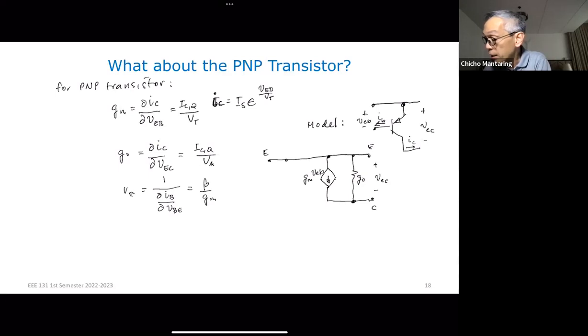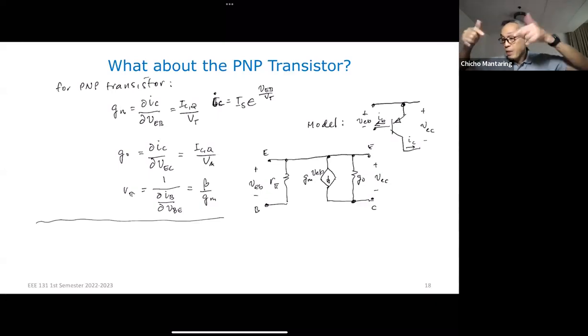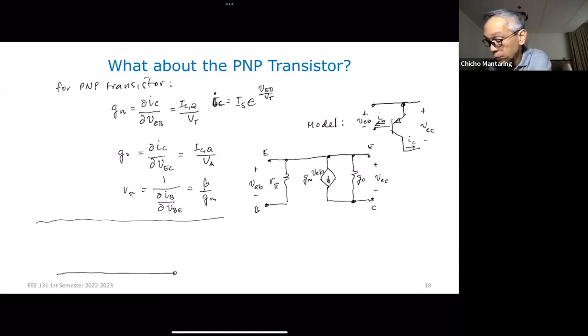And then between my emitter and my base, I'll have R pi. So this is my base. And then this is now VEB. Well, let me redraw this. If I flip ko lang, no? Let me just flip this. Okay, so if I put my emitter down, ito yung emitter ko.